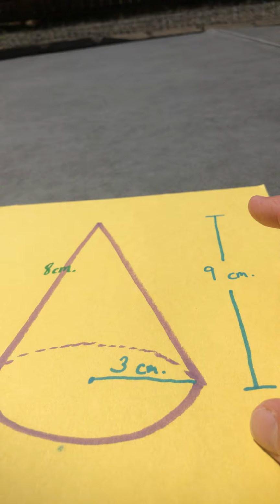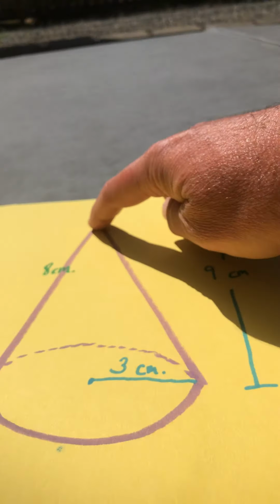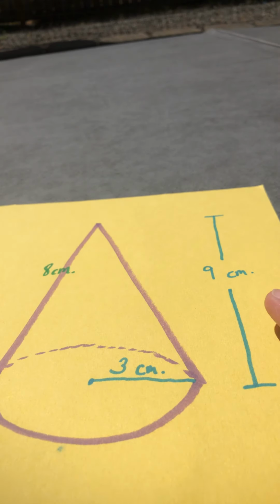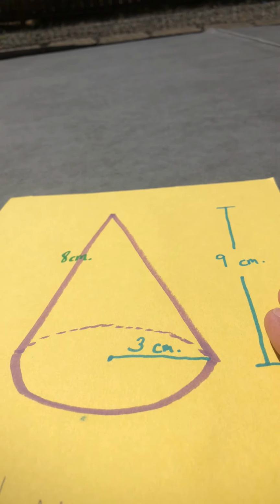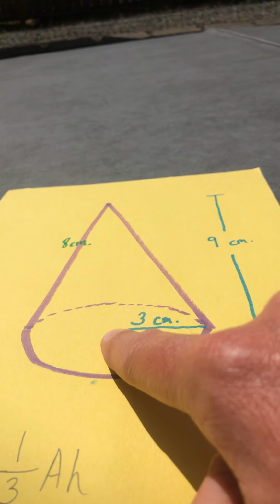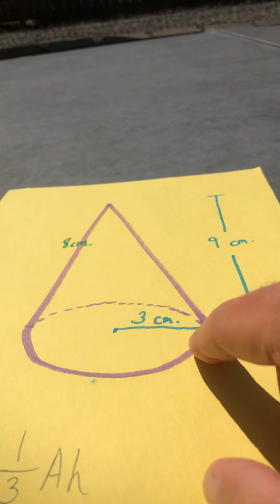So this is how tall the cone would stand, but since it's kind of slanted, sometimes that's a little bit less. And so we have two measurements that you might need here. The radius, about the same as the cylinder that you might have already seen. Radius is 3 centimeters here.